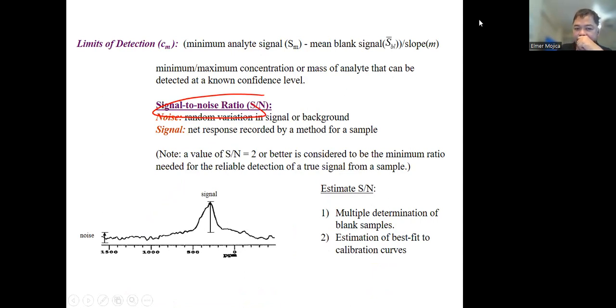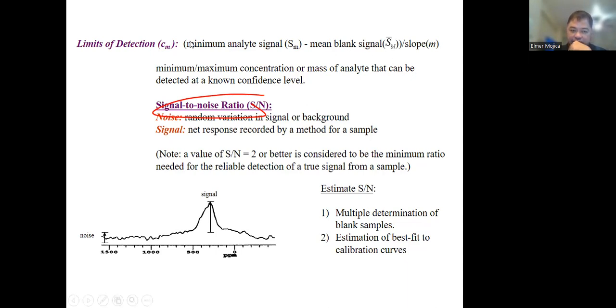So here, we can define the detection limit or limit of detection as the minimum analyte signal minus the mean blank signal divided by sensitivity or yung slope. Okay, so when we look at the LOD, the limit of detection, we look at the minimum over maximum concentration or mass of analyte that can be detected at a known confidence level.